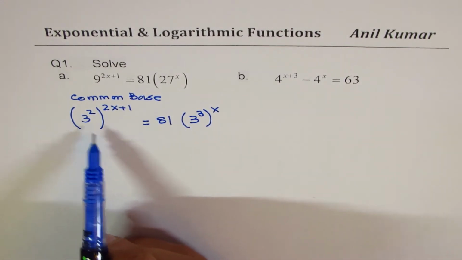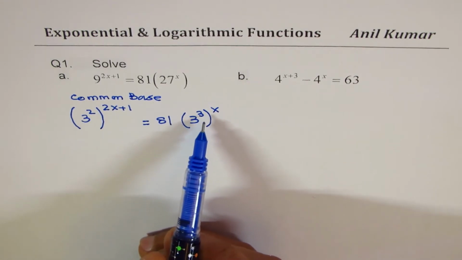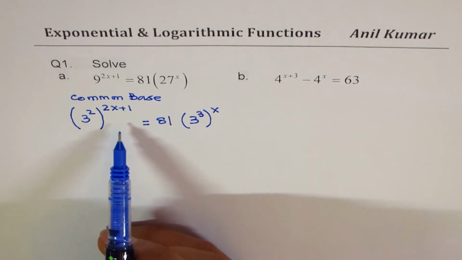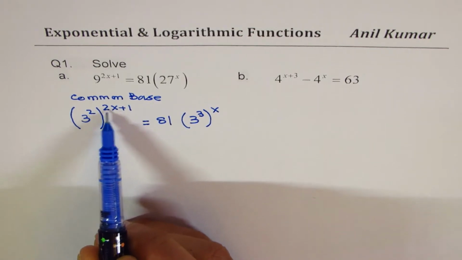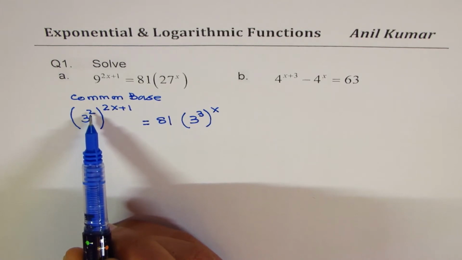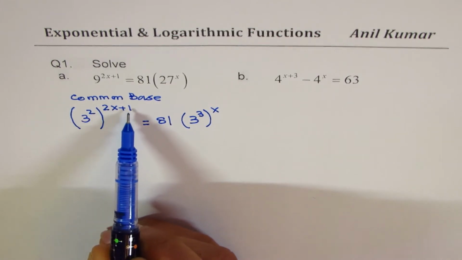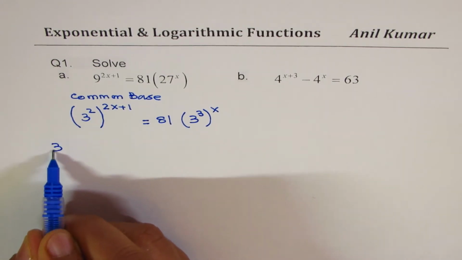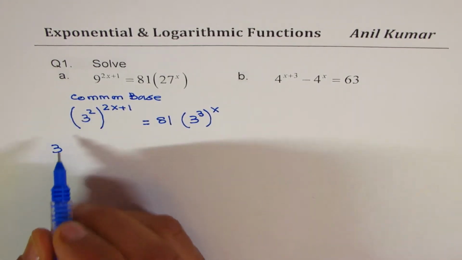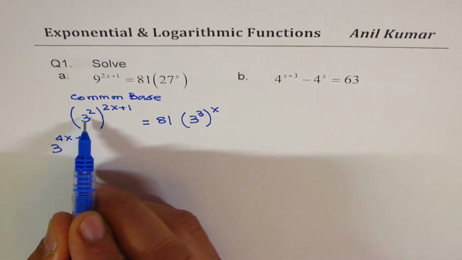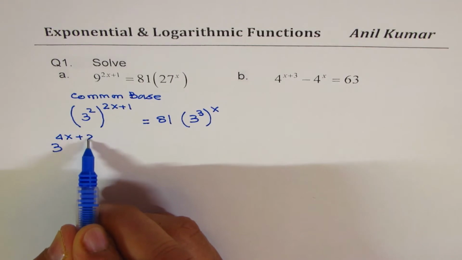Now, since we have the same base, we can combine the x terms. There are some constant terms here, as you will realize. If I open this bracket, what do I get? This 2 gets multiplied by 2x plus 2, right? So here we get 3 to the power of 2 times 2, 4x, plus 2 times 1 as 2.